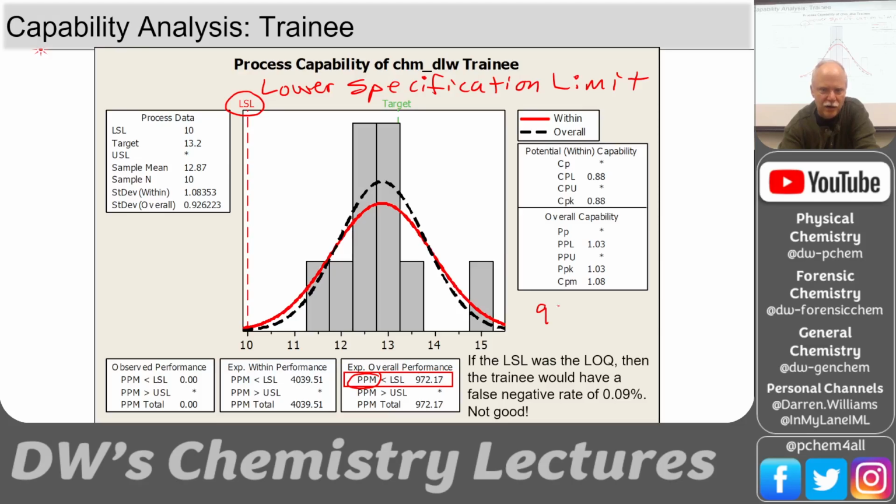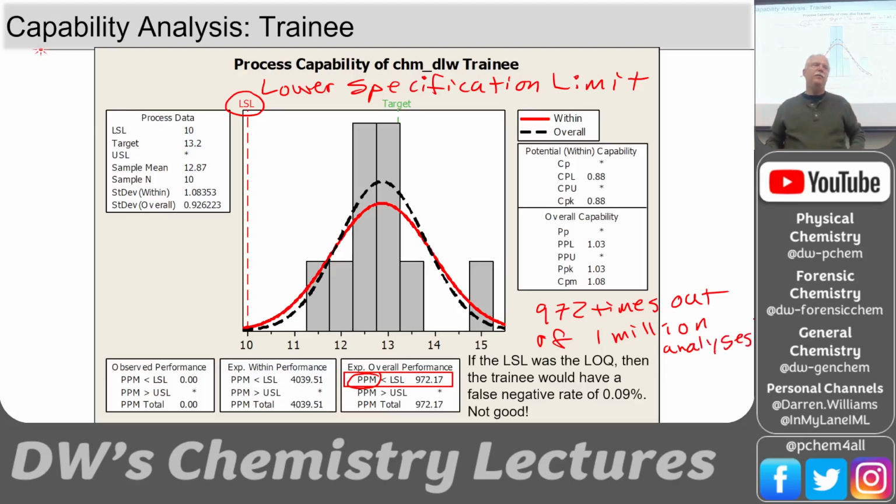So 972 times out of 1 million analyses. That's not too bad, but it could be way better.